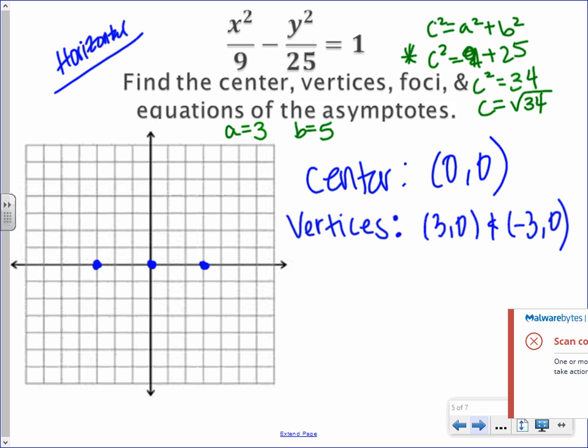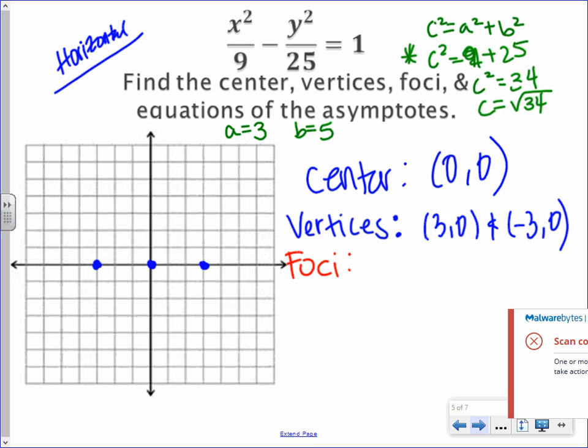And that does not have any perfect squares in it, does it? No. So our foci are horizontally radical 34 from the center. Radical 34 is just shy of what whole number? 6.